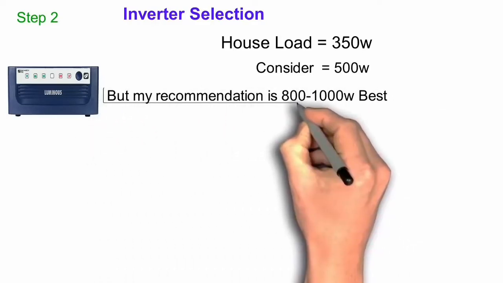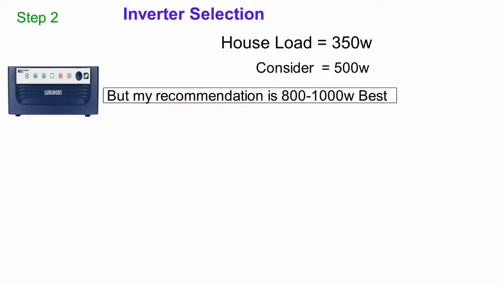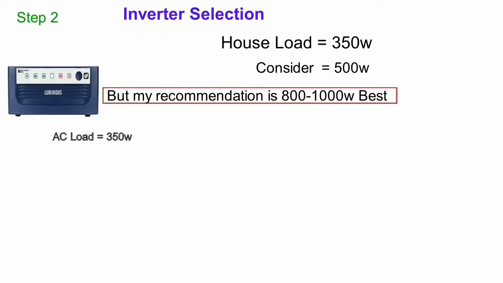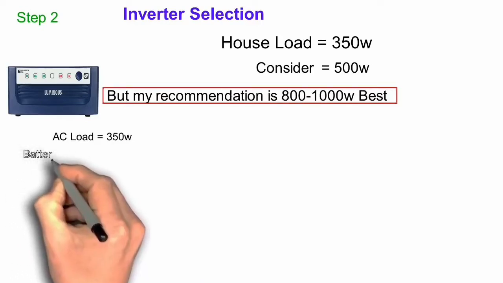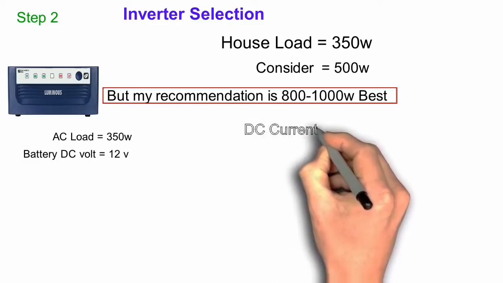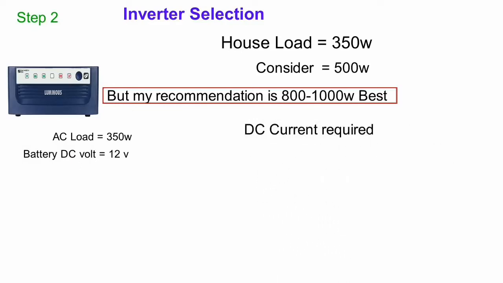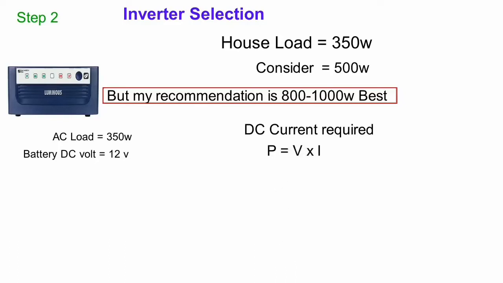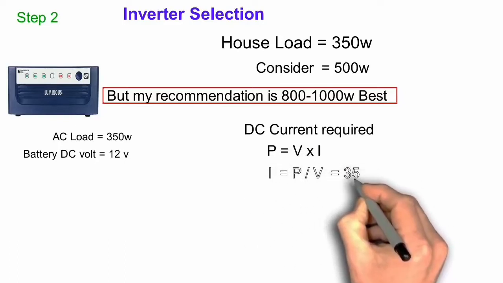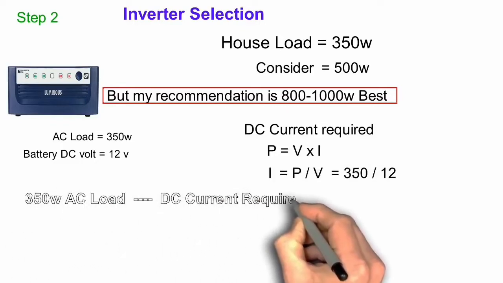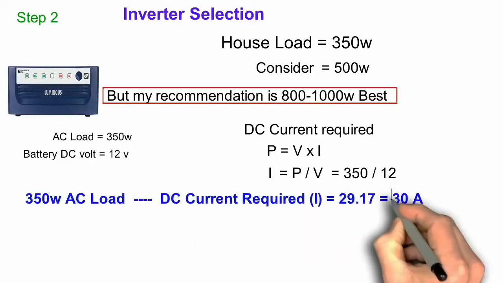Since we know the AC load is 350 watt and we're considering a DC battery of 12 volts, you could actually consider a battery of 24 volt depending on your demand. But in this case, we're using 12 volt because it's basically lighting and just one socket outlet. So you calculate the current using the relationship between power, voltage and current, and you have 30 ampere.